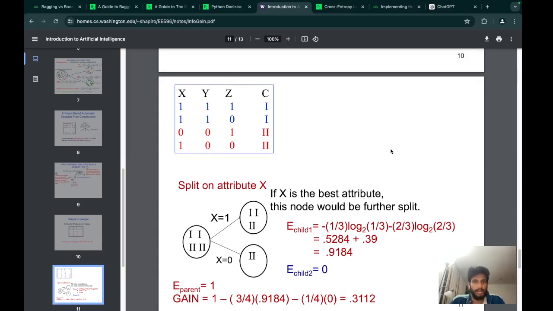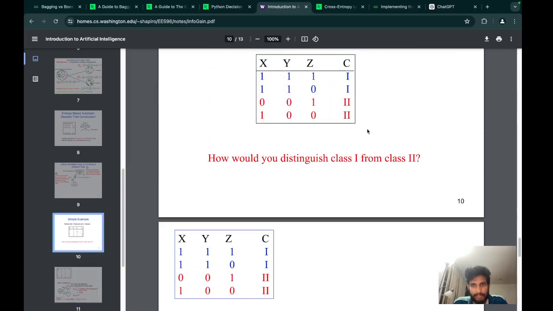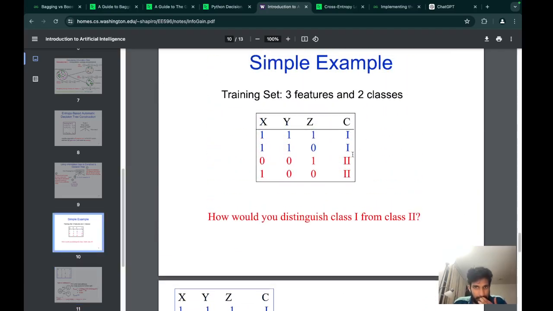The classes are perfect, but if you have multiple features, this becomes harder and more complicated. And the question is basically, how would you distinguish class one from class two?